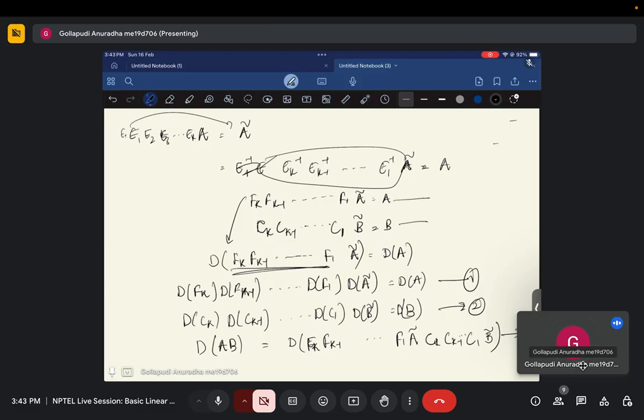From this itself, AB I am multiplying and getting this. So I can pull them all out here also.